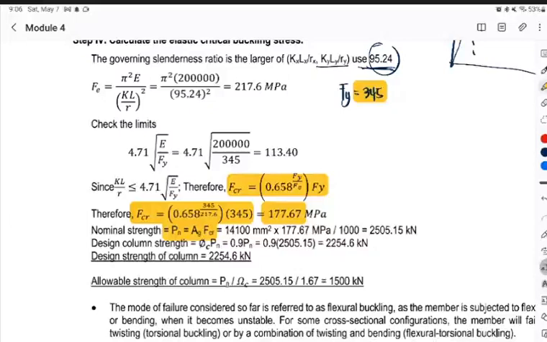Since our gross area is 14,100, just multiply it by 177.67, yun yung Fcr natin. You divide it by 1,000 to express it in kilonewton, so that you have 2,505.15 for the nominal compressive load or compressive force that our column can handle para daw hindi siya mag-buckle.